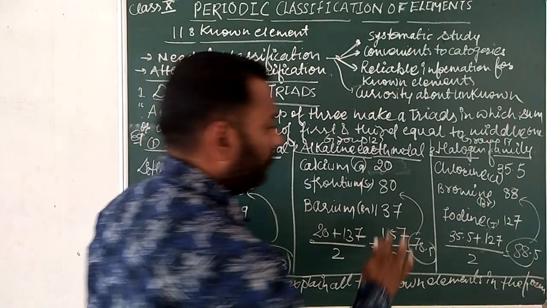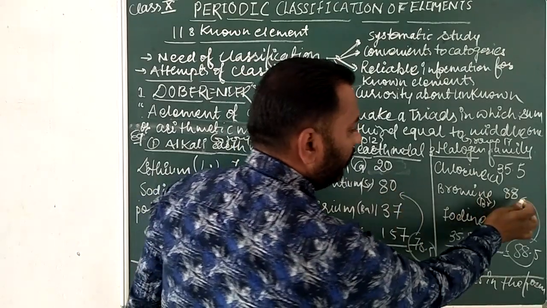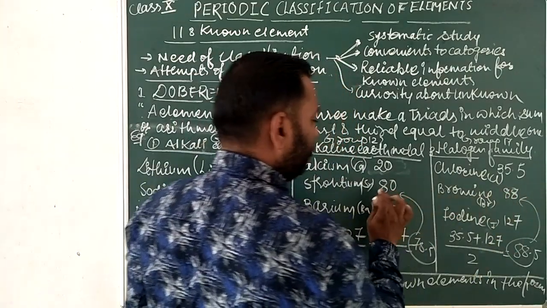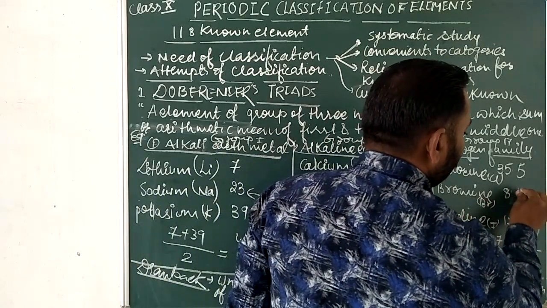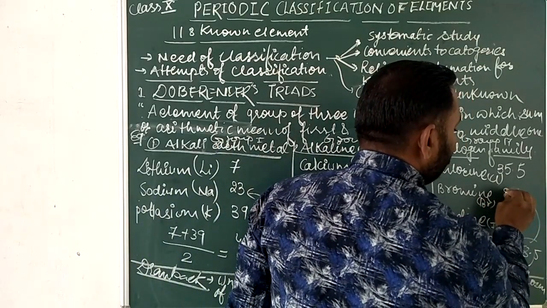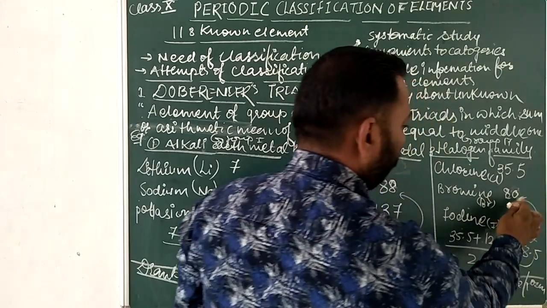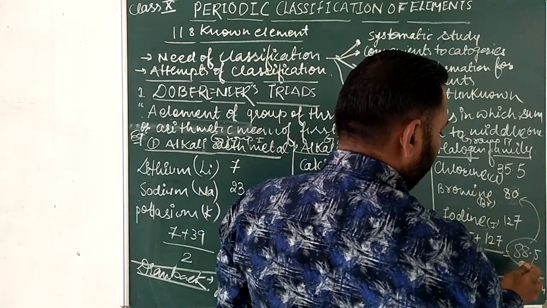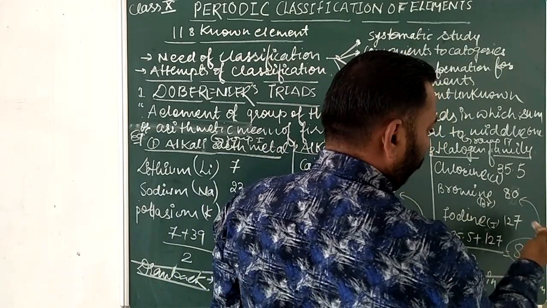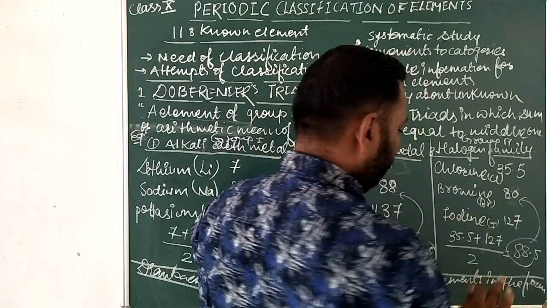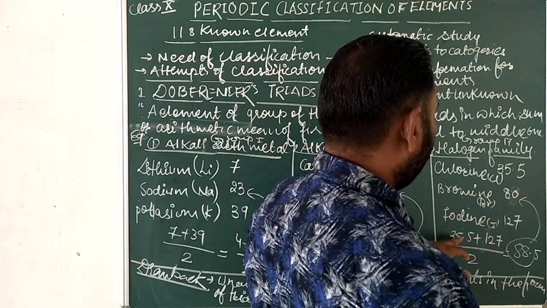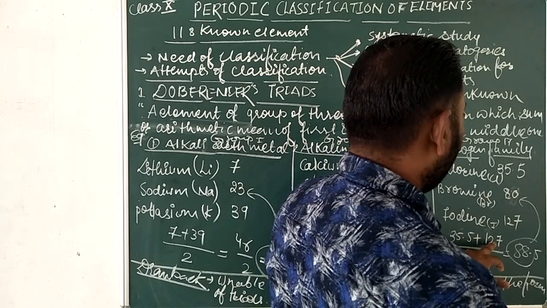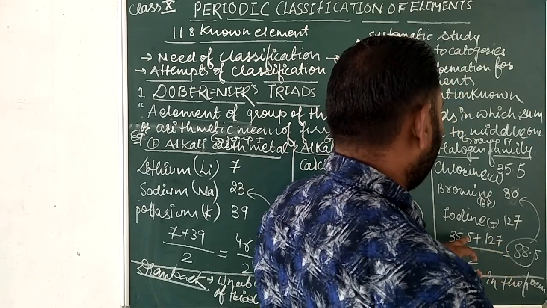Sorry students, I wrote here 80 and here 88, but actually 88 is here, so sorry, my mistake. Rest everything is correct, no problem, because if I keep 80 here, then this will come 88.5. Okay, so 127 and 40 means 160.